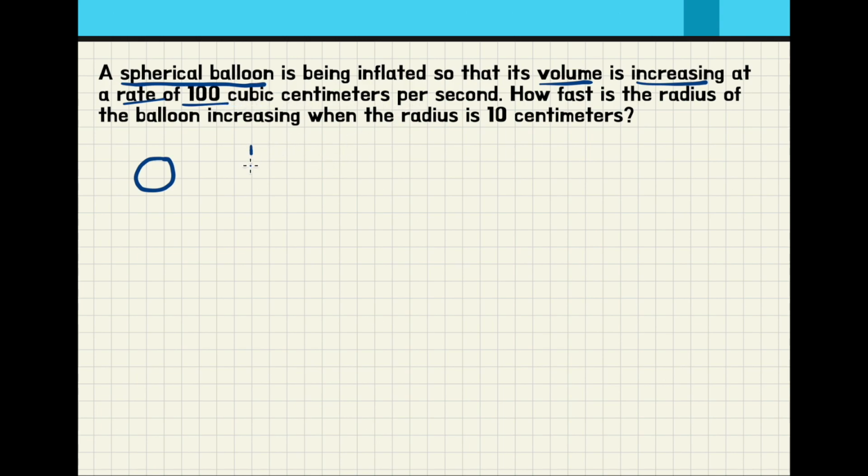So you can write the derivative of volume, V is for volume, with respect to time. Why time? Because it says per second. So I know its volume is increasing by this much per second. And that's equal to, what's the rate equal to? 100.